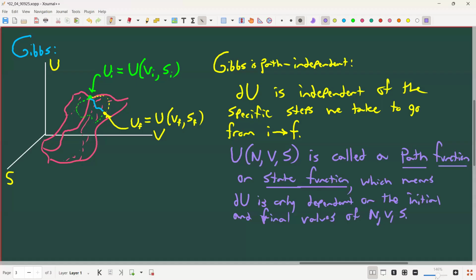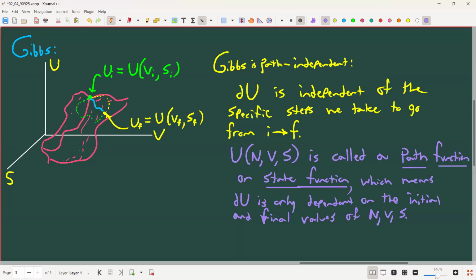Now, what about Joule's energy function? Joule's energy function is a function of Q and W, heat and work, which again have very obvious interpretations in your head. One is physical motion, and the other one is whatever else heat is, but they're not associated with a specific measurable, right?